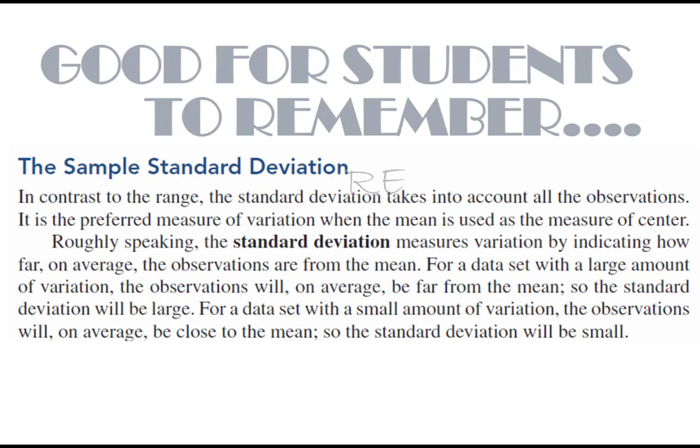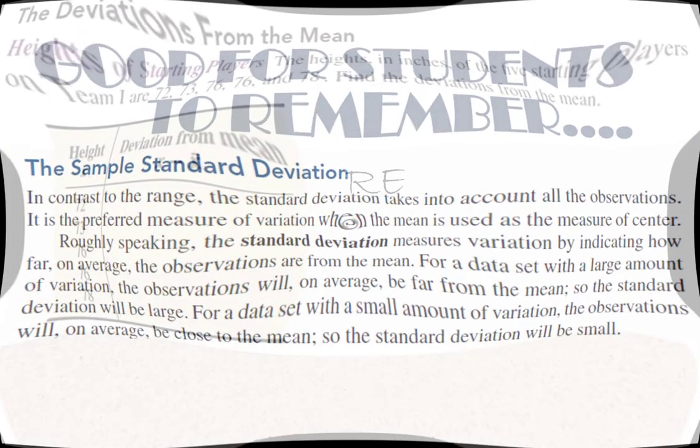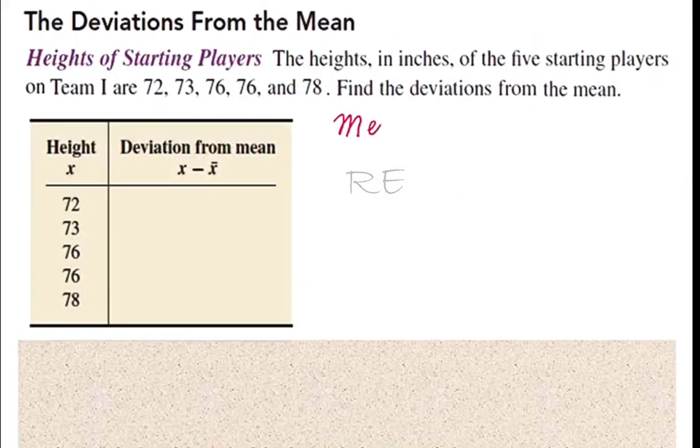When the mean is used as a measure of the center, the standard deviation is the preferred measure of variation. It measures on the average how far the observations are from the mean, giving a better description of the data. To find the standard deviation of a data set, the first step is to calculate all the deviations from the mean.